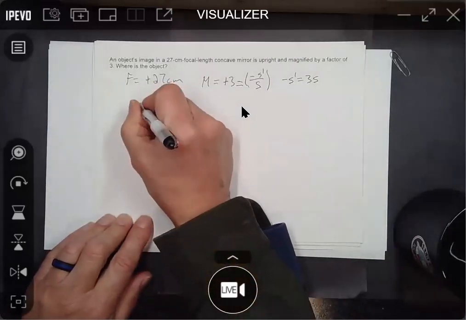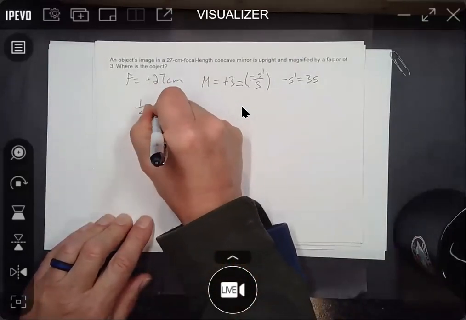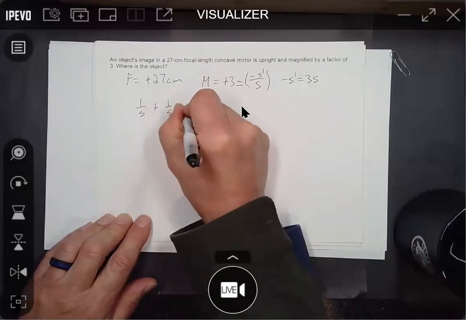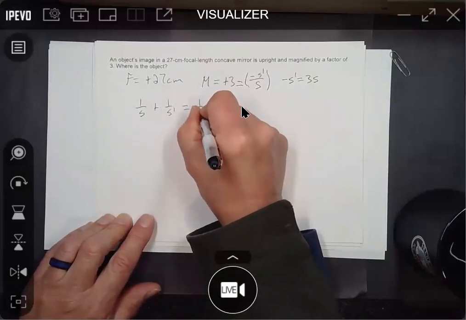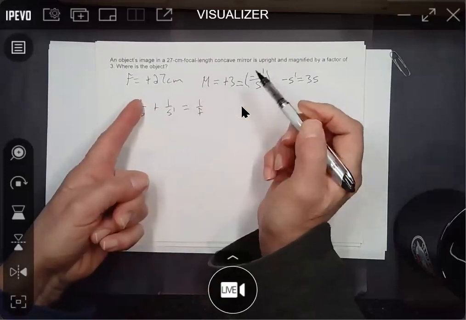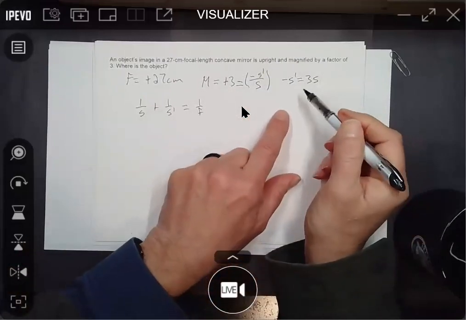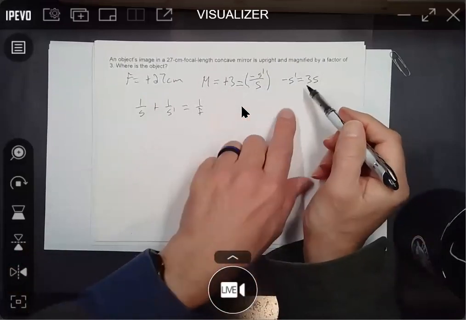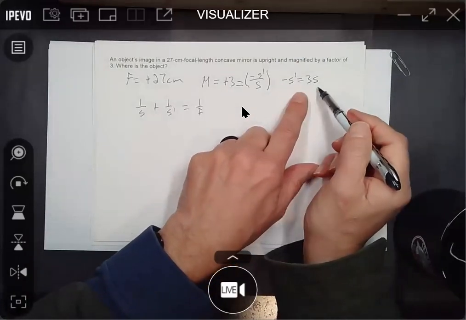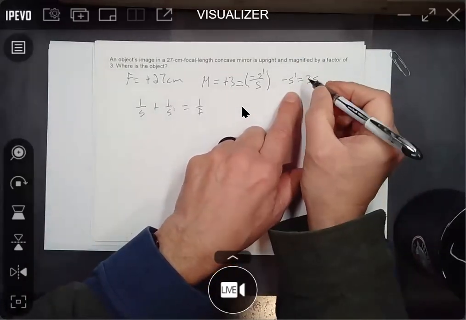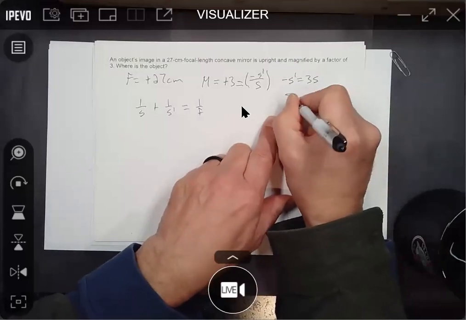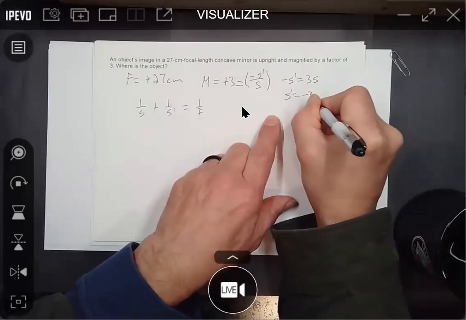Well, my formula is 1 over S plus 1 over S prime is equal to 1 over F. I happen to know F. I don't know what S and S prime are, but I do know that minus S prime is equal to 3S, or I can say that S prime equals minus 3S.